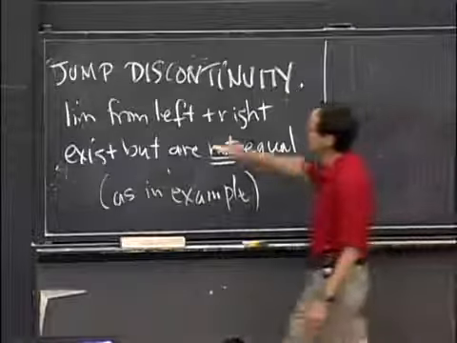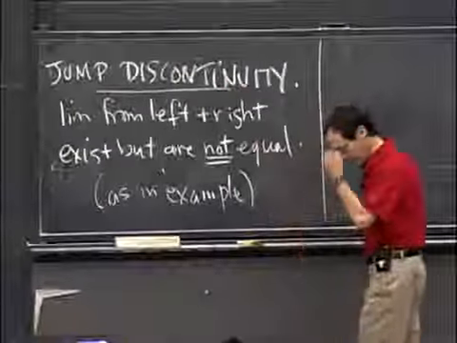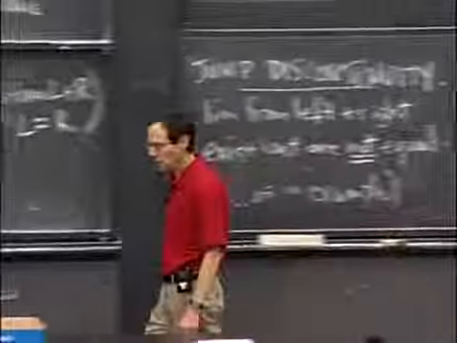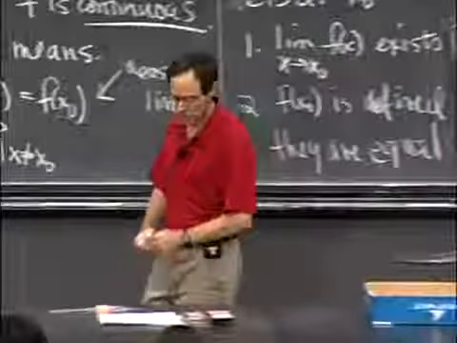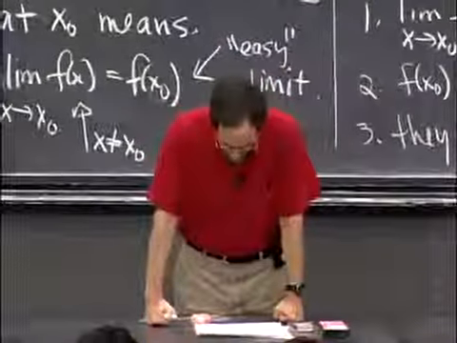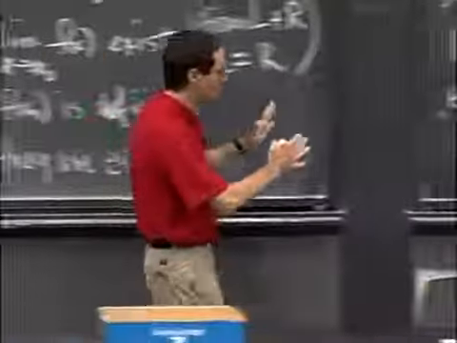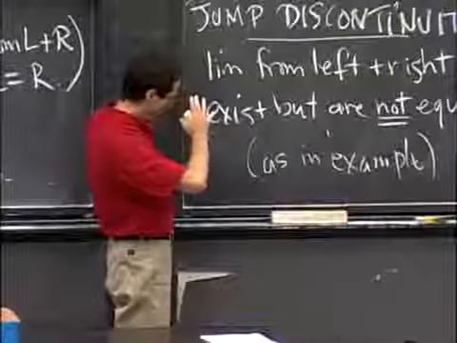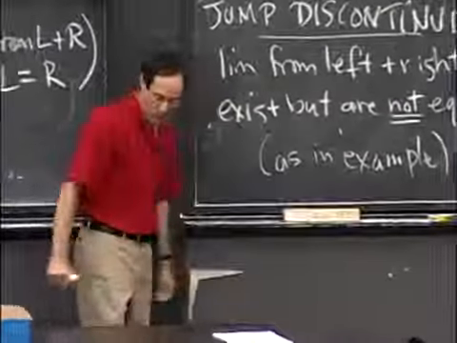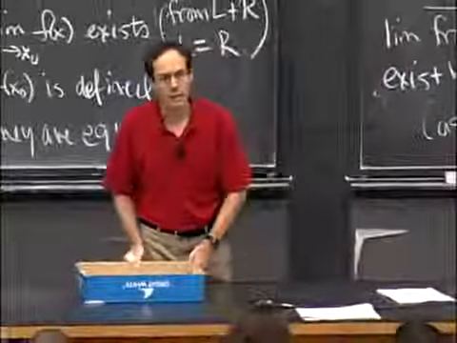And this kind of issue of whether something is continuous or not may seem a little bit technical, but it is true that people have worried about it a lot.